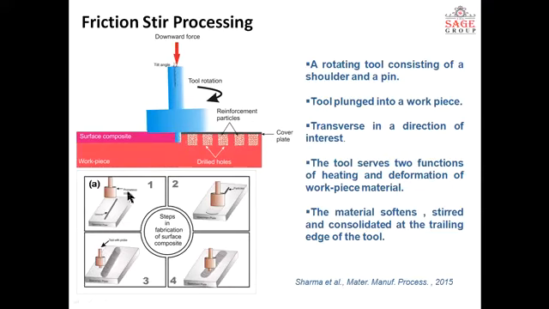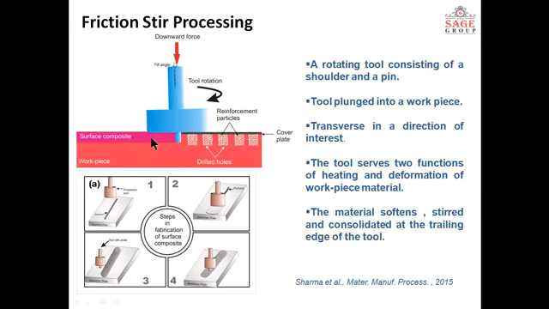But it cannot melt because the heat is not so high that it can melt. So that's why it is also termed solid state processing, because the material will remain in a solid state. It will soften, but it is not going to melt.